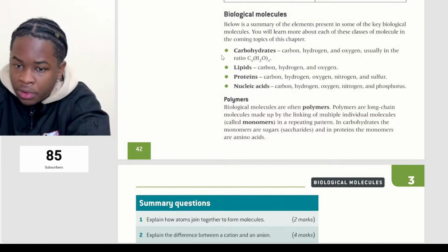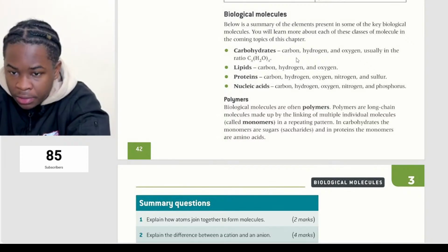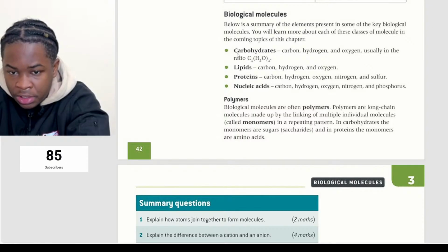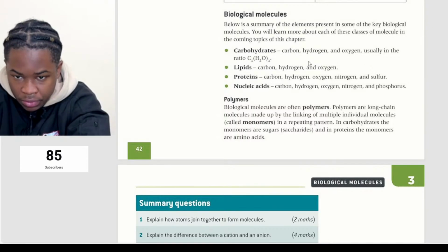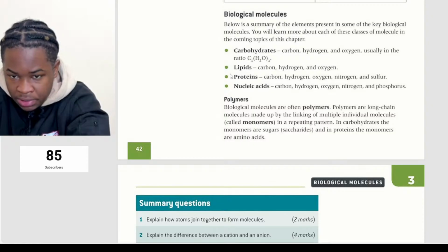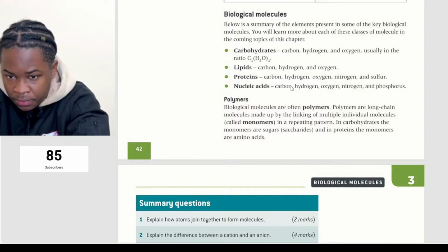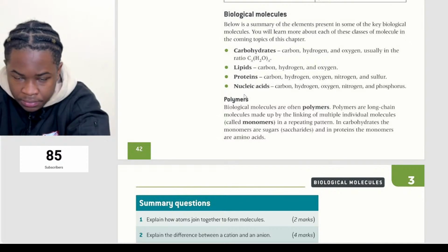First point, carbohydrate: carbon, hydrogen, and oxygen, usually in the ratio CxH2xOx. Lipids: carbon, hydrogen, and oxygen. Proteins: carbon, hydrogen, oxygen, nitrogen, and sulfur. Nucleic acid: carbon, hydrogen, oxygen, nitrogen, phosphorus.